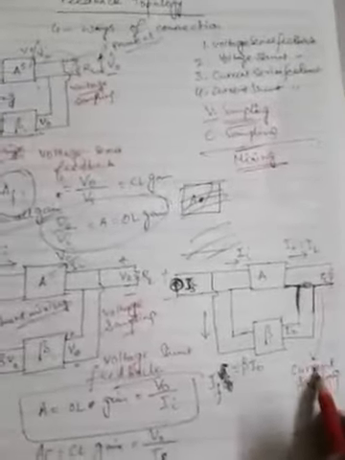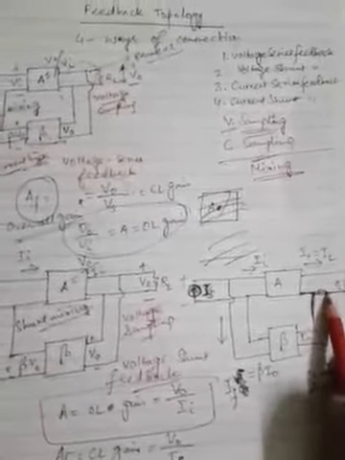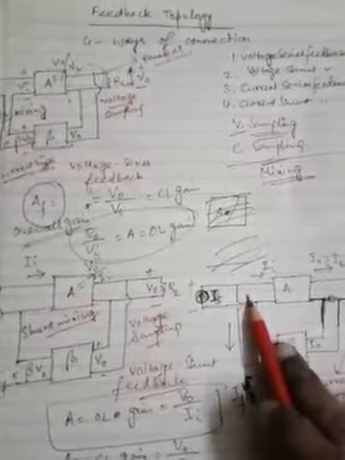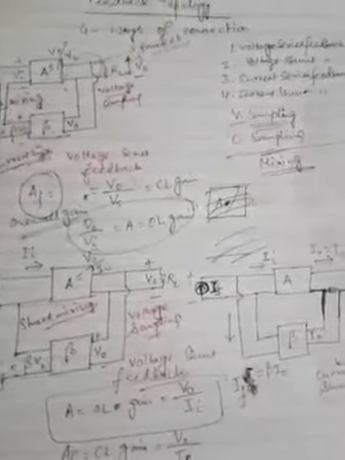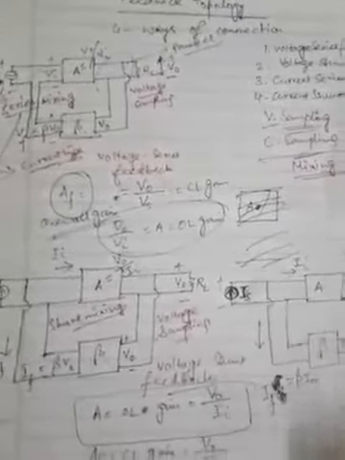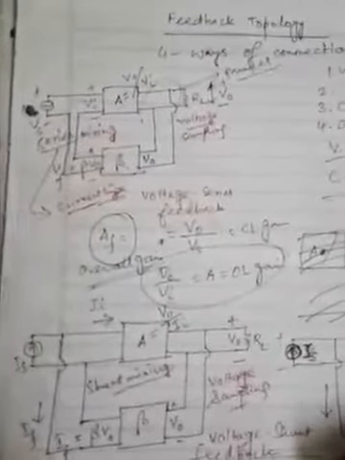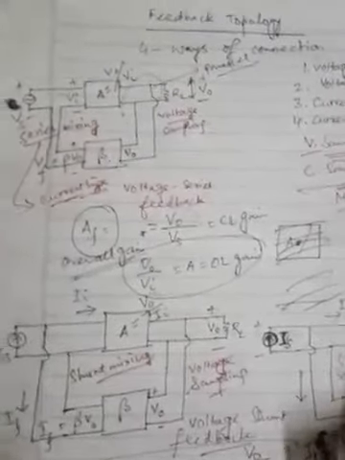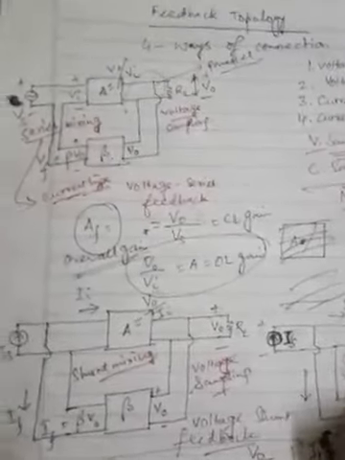So what we have done over here, we have done the current sampling from the output in series, so it is current, and at the input it is fed back in parallel. That means it is fed back in shunt. So since it is fed back in shunt, it should be called shunt mixing. That means as if we are feeding back in the sense of voltage, since it is parallel.